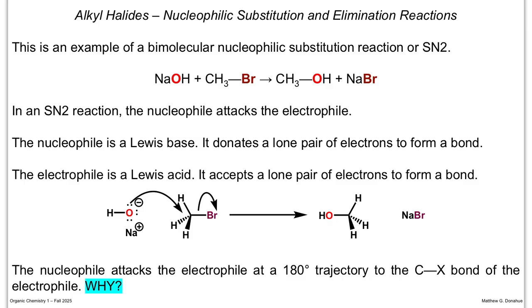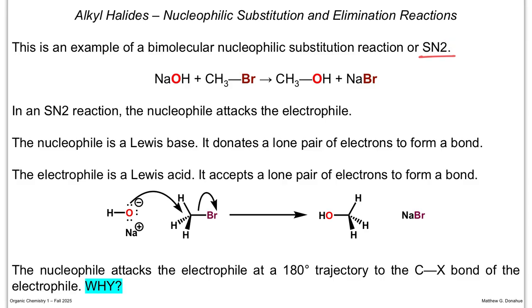The specific mechanism that we're learning here first is called SN2, which stands for substitution, nucleophilic. The 2 is bimolecular. That relates to the rate. How fast does the reaction proceed?